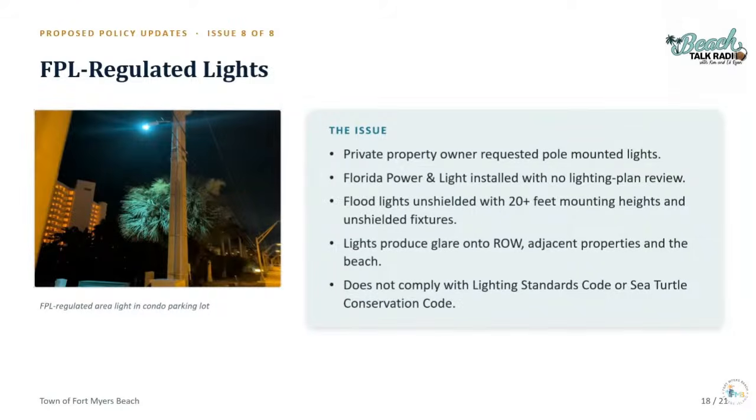So we talked with Frankie, and Frankie has broached the subject with FPL that if you're going to put in a pole light illuminating private property, that should be something we're taking a look at and having a say in, rather than it just being installed, with all these white lights next to beach accesses that have the technology to be turned off remotely but somehow just come on and nobody's paying attention to them. Why can't they press that button to turn it off?